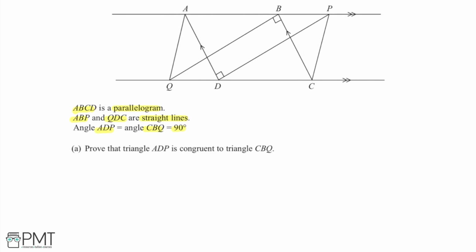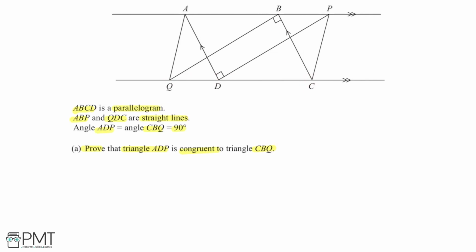We also have the two right angles that are already drawn out here, which are 90 degrees. And we are asked to prove that the triangle ADP is congruent to the triangle CBQ.